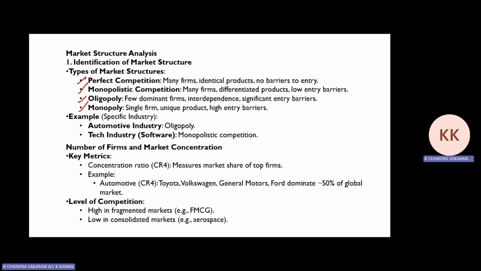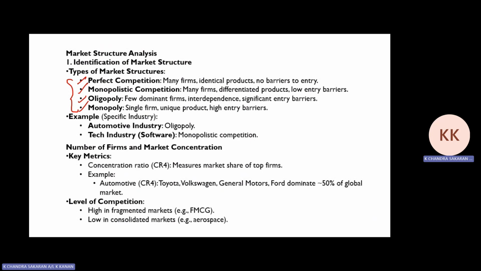So first thing, find out which market structure the industry that you have chosen falls under. That means you cannot talk about all four market structures. You only have to choose one market structure relevant to the industry that you have chosen. It may be monopolistic competition. It may be perfect competition, but that is most likely very difficult, very ideal. In the real world, it is very difficult to find perfect competition.